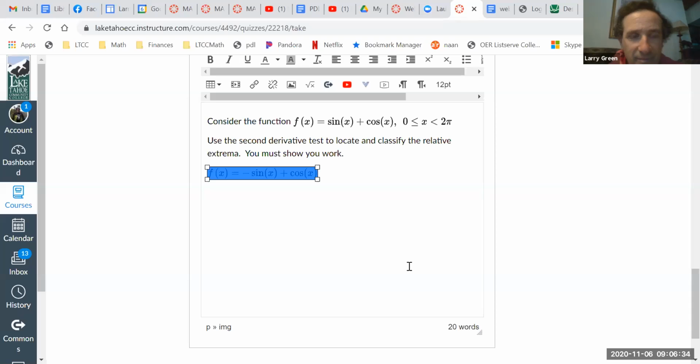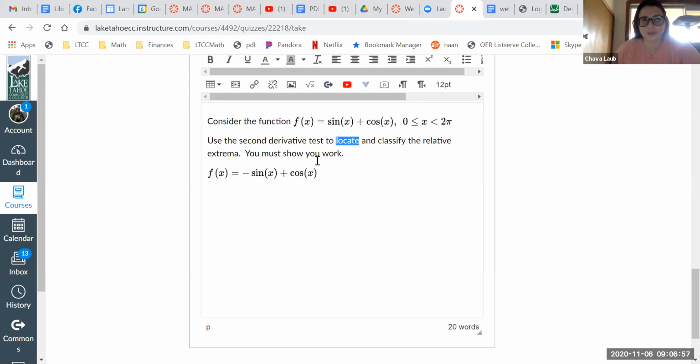All right, now before we even get to the second derivative test, we need to locate the possible relative extrema. And to locate the possible relative extrema, what are we doing with this derivative? You take the derivative and set it equal to 0.